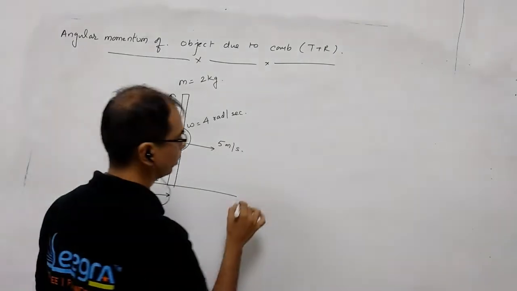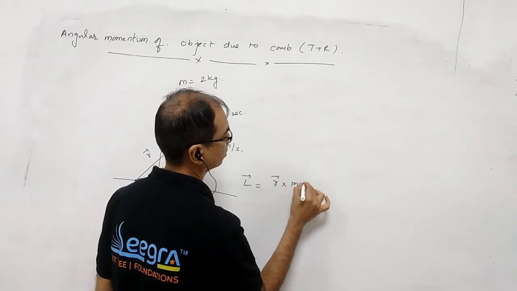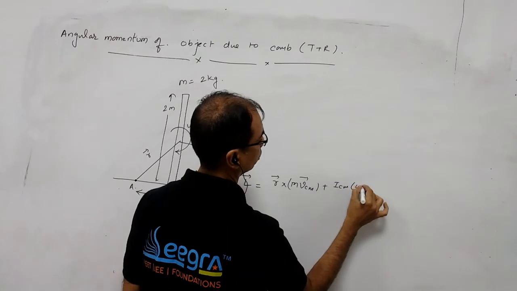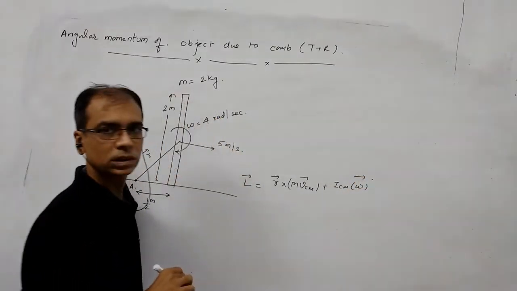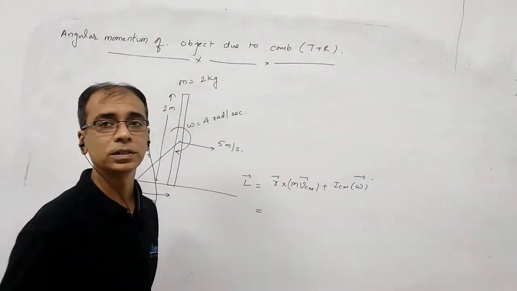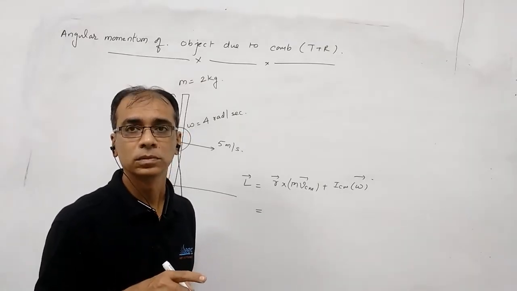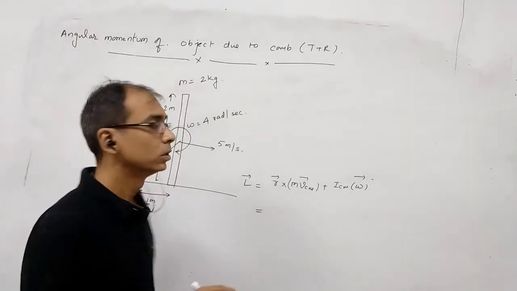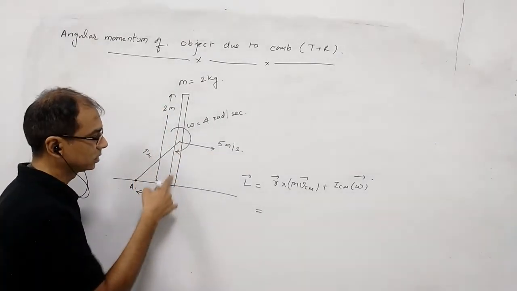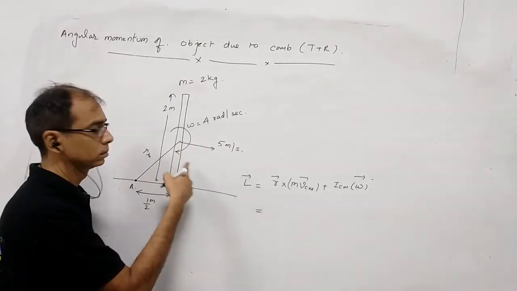And let's write the formula. L equals R cross MVCM plus ICM into omega. Now let's see R cross MVCM. Now we know that angular momentum means MV perpendicular R, or R perpendicular MV. So MV is in this direction. The perpendicular component of R, perpendicular to MV only, is this.